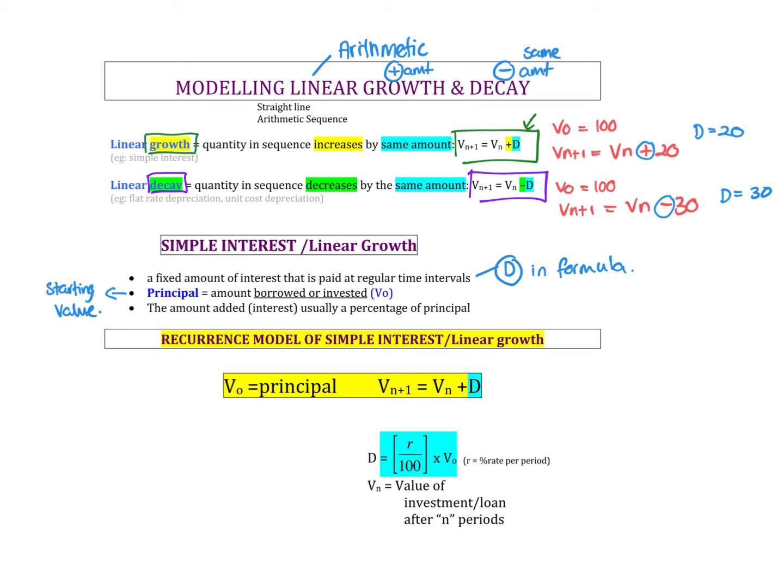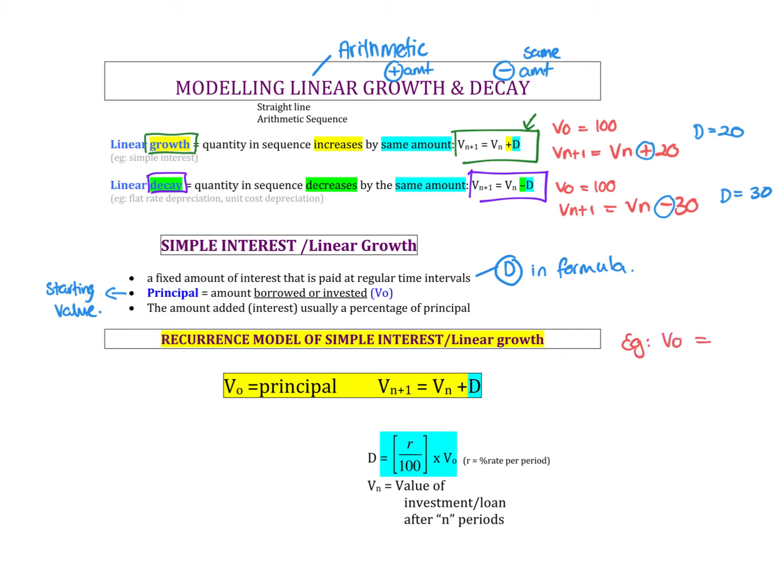What I said before would have been $100. V0 would have been 100, okay? Now, that amount of added interest is usually a percentage. So how we work out that amount is, often we'll say simple interest, you're going to get 20% of that original, or we'll tell you what percentage. So see here, if I just did that example I said before, I'm going to write it down for you.